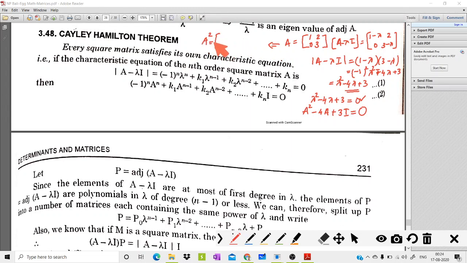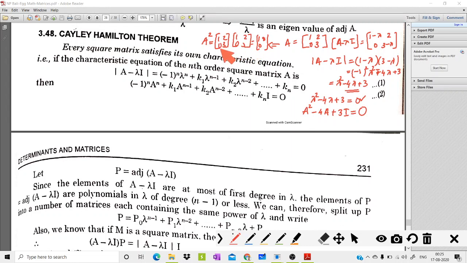A square will be A into A, that is 1, 2, 0, 3 times 1, 2, 0, 3. So A square will be the matrix: 1 into 1, 2 into 0, that is 1 here; 1 into 2, 2 into 3, so 6 plus 2, that is 8; and this will be 0.